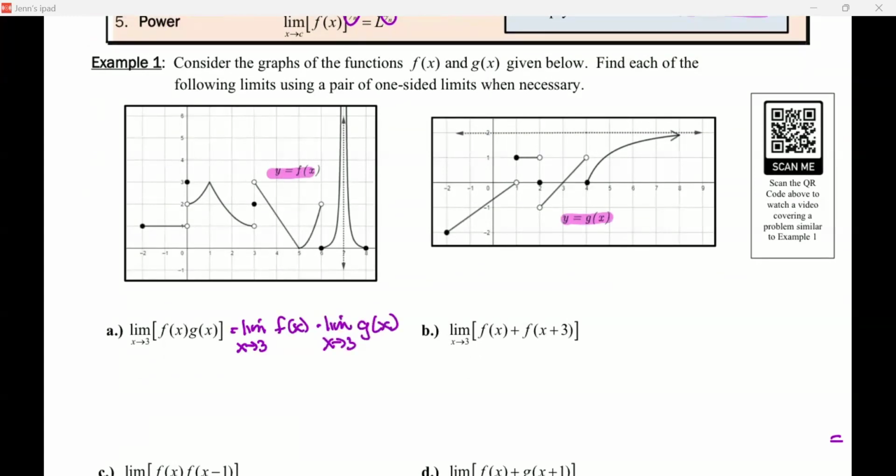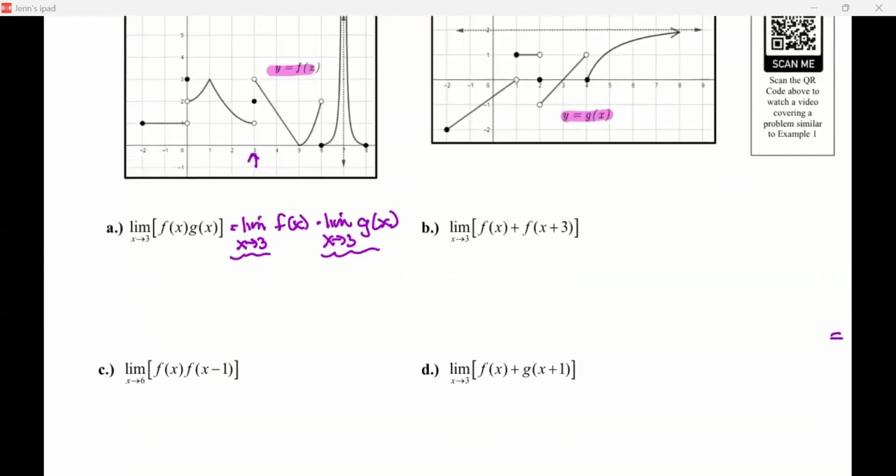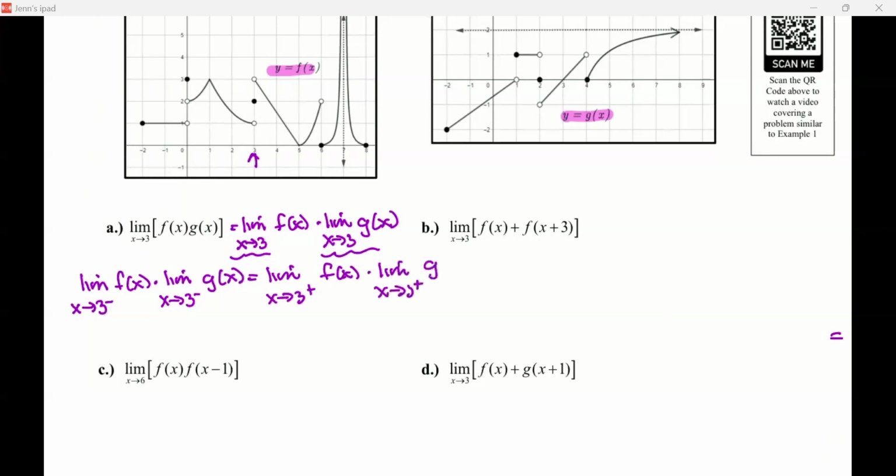Now, I know if I look at the limit as x approaches 3 of f of x by itself, it's a DNE. However, because this is a two-sided limit, you have to go back to the definition of a two-sided limit. In other words, the limit as x approaches 3 from the left of f of x times the limit as x approaches 3 from the left of g of x has to be equal to the limit as x approaches 3 from the right of f of x times the limit as x approaches 3 from the right of g of x.